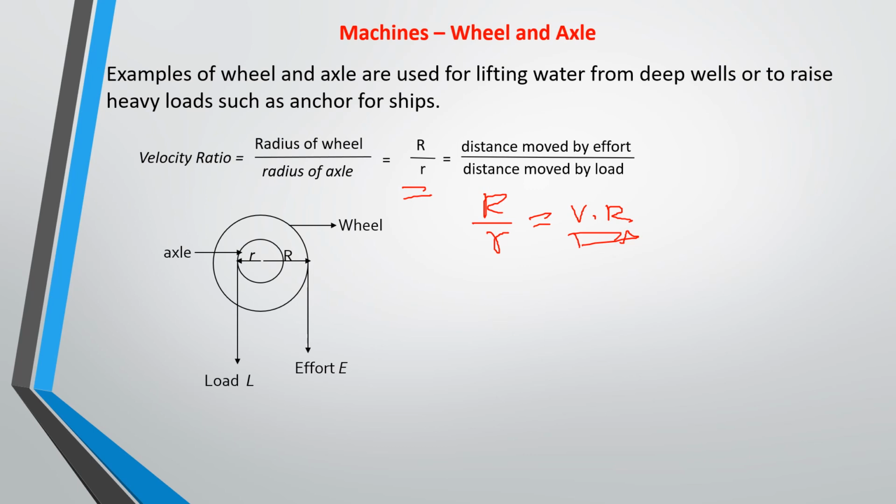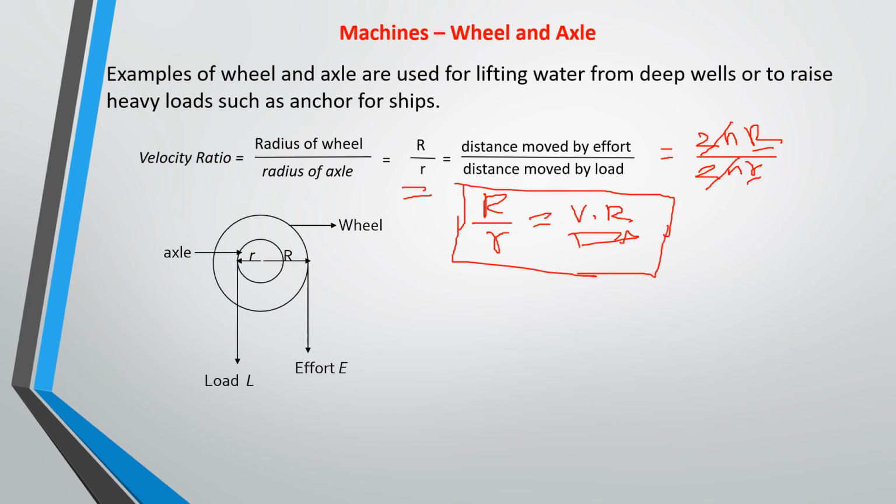So by the time you cancel that, this is 2 pi big R, and this is 2 pi small r. So all this will cancel out, and what will remain will be R over small r, and that's why you have this as your velocity ratio. Is that okay? So let's solve a problem straight away.